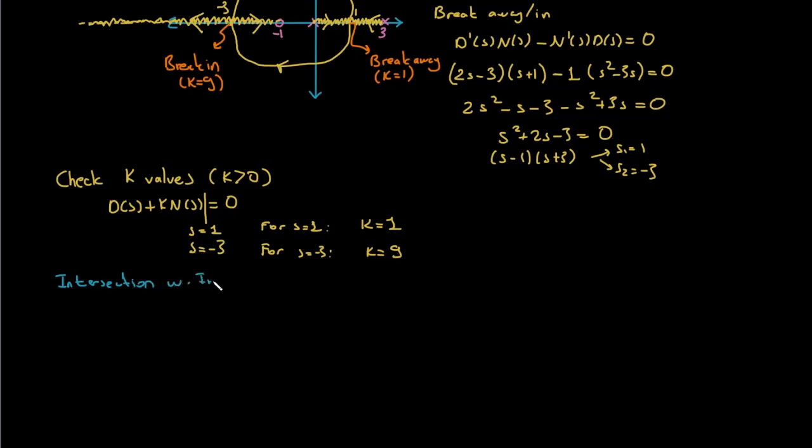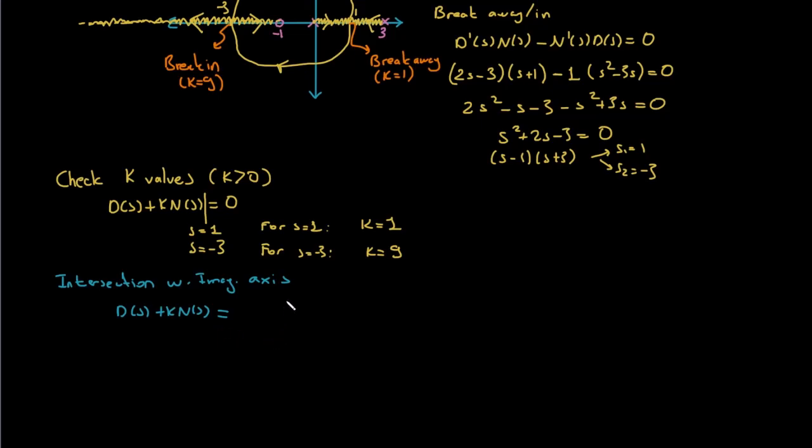You either write d of s plus k n of s and replace s with j omega, or you apply the Routh-Hurwitz method. So let's try to apply the Routh-Hurwitz method.